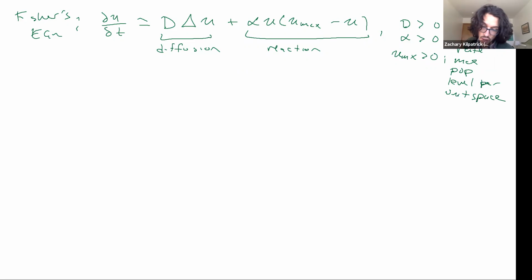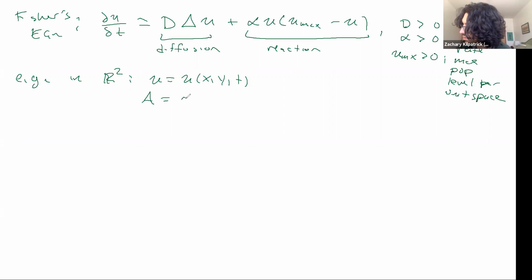So for instance, in R2, we could have U equals U of x, y, t, and the Laplacian would equal dx squared plus dy squared, okay.